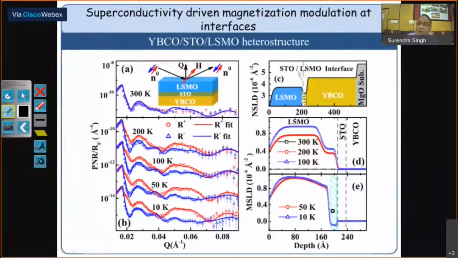We obtained a similar kind of magnetization depth profile, but now the magnetic depletion layer, where we are getting either a magnetic dead layer or this reverse kind of magnetization, decreases with increase of the STO layer thickness.